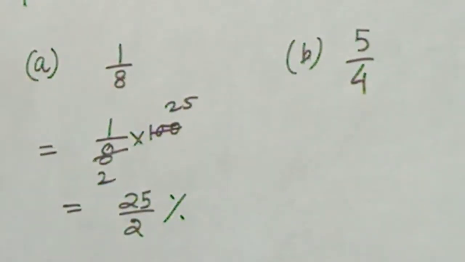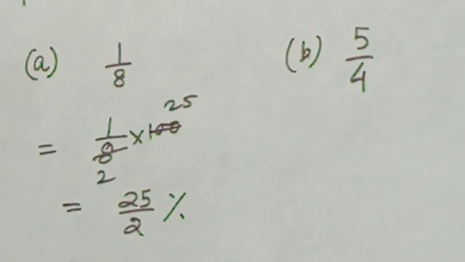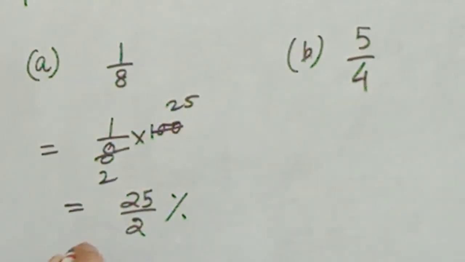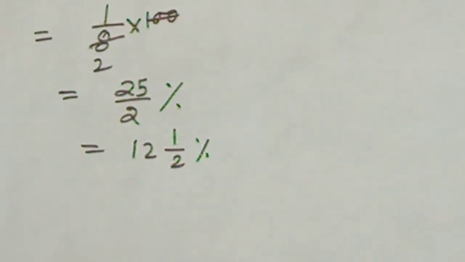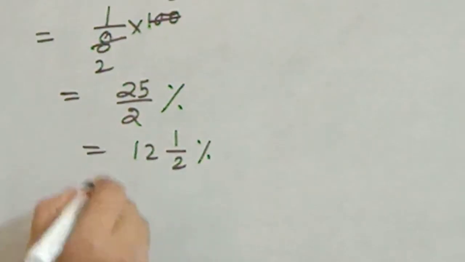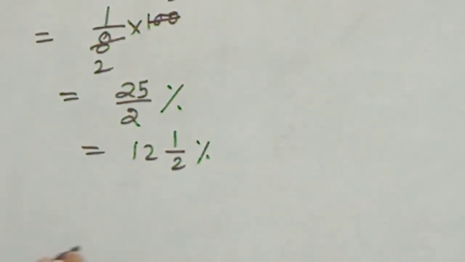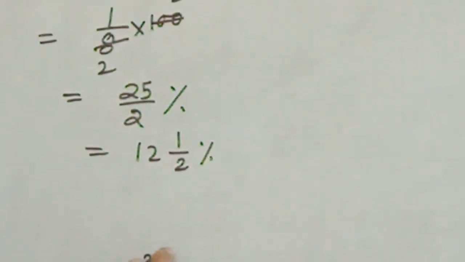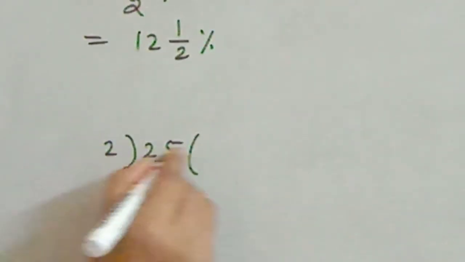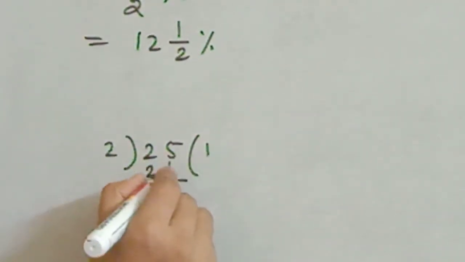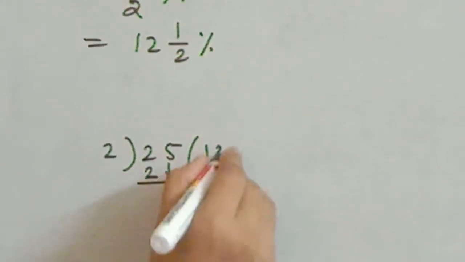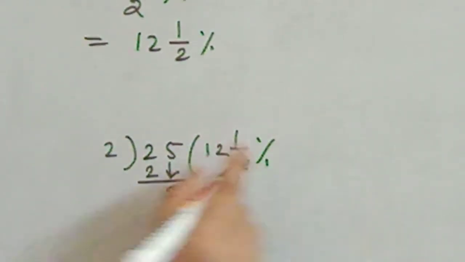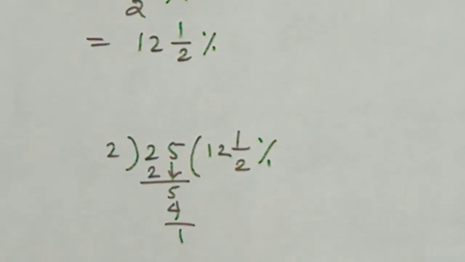You can keep it as an improper fraction, or you can write 12 1 by 2%. You do this division, 25 by 2: 2 1s are 2, 5 comes down, 2 2s are 4, remainder 1, so 1 by 2. So this is 12 1 by 2%.